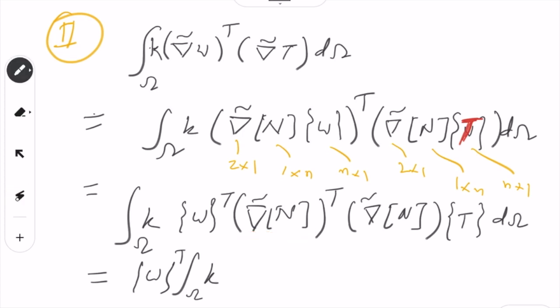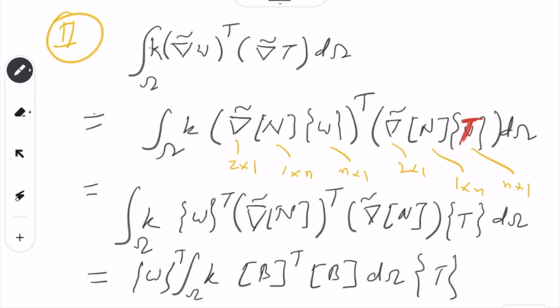So B transpose and then another B, d omega, and here we have the temperature.